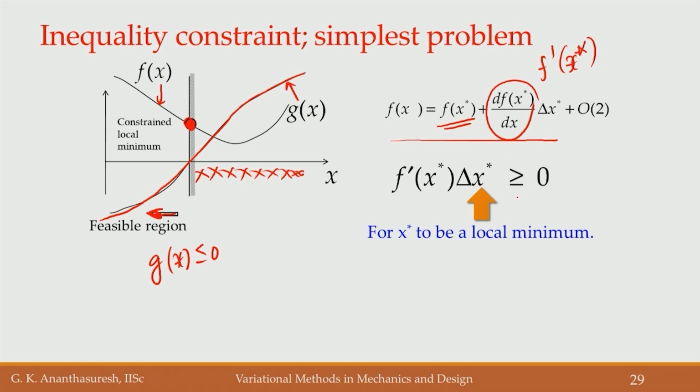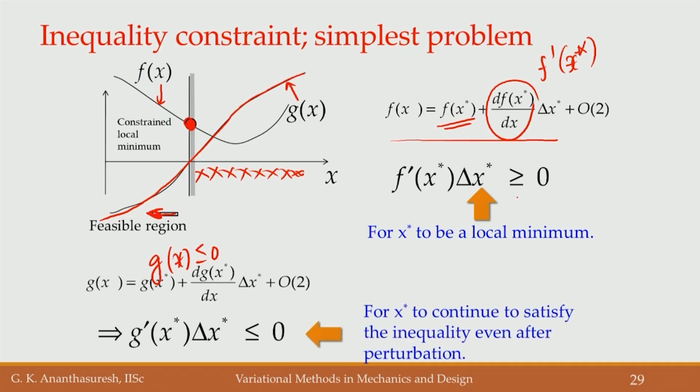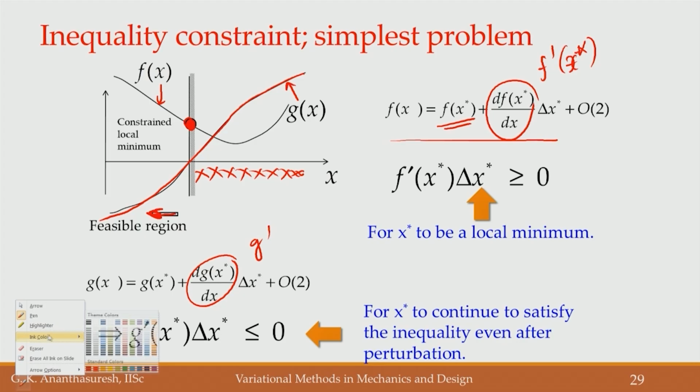So, if you look at g, we have g of x equal to g of x star plus, again, g prime times delta x.